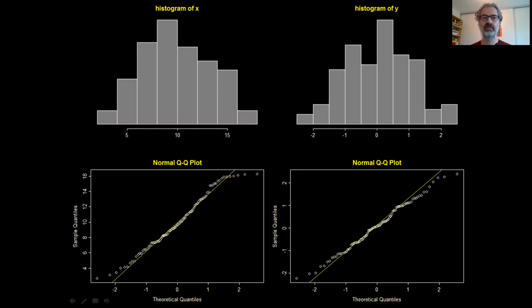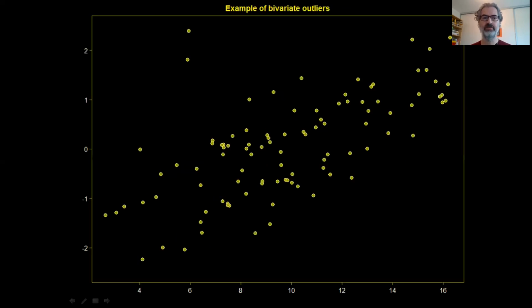And finally, in this example, both variables are reasonably normally distributed. But if you see their scatter plot, you see that there are a couple of points that are outside the main blob of other values. So although these values aren't outside the range on either variable, their combination of values for the two variables is very unusual.